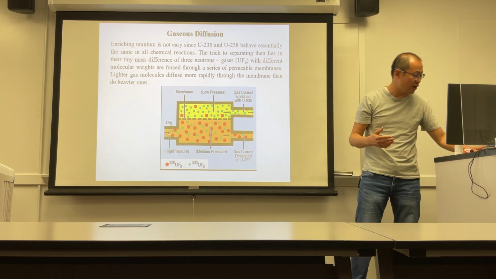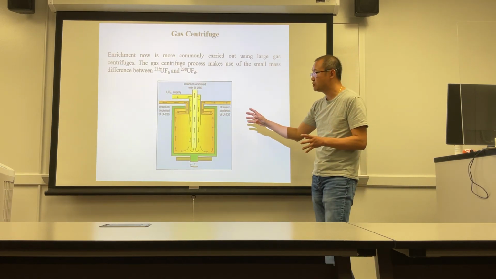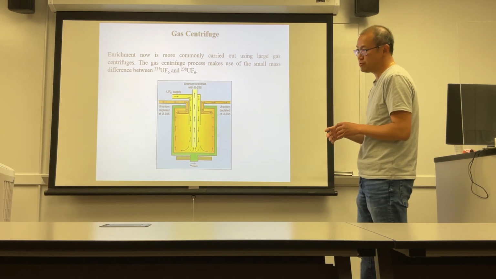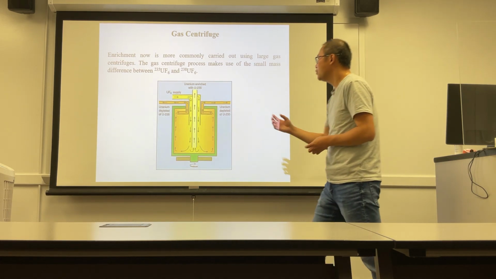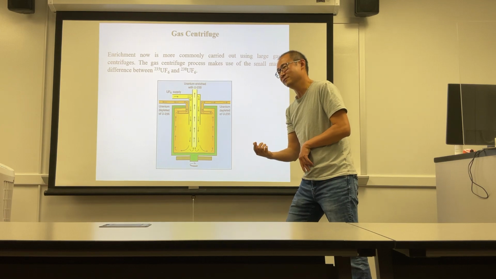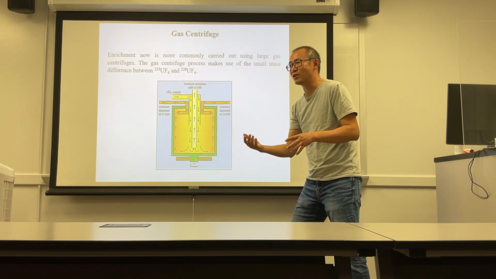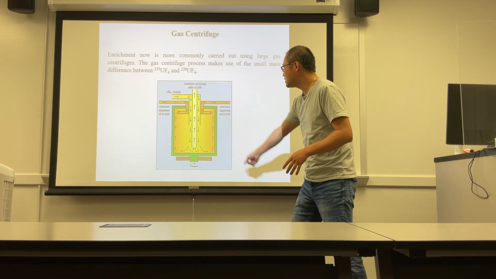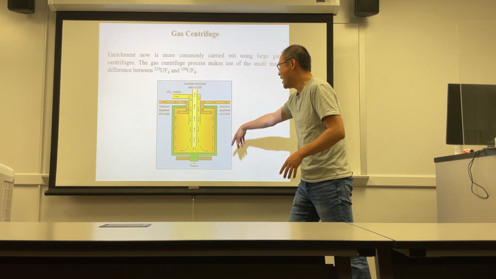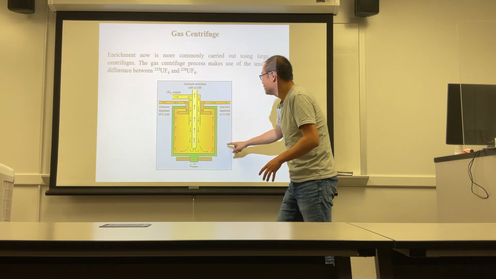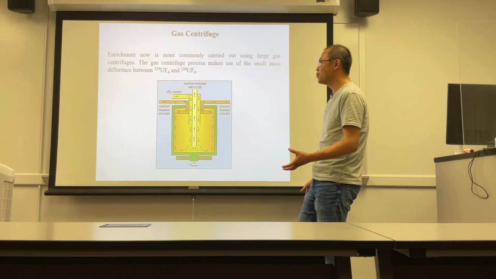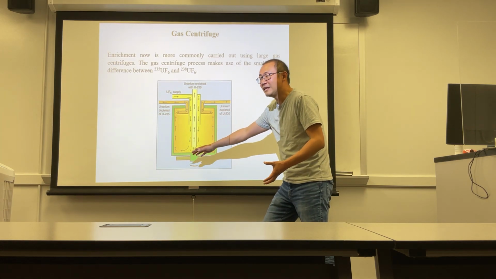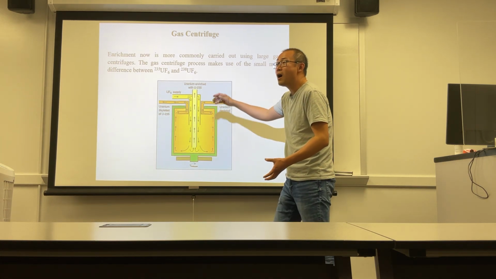Another technology, which I think is used more, is after you convert it into gas, you spin it like your washer, like a centrifuge. When you spin it, what happens? The heavier ones will be where? Down, right? The lighter ones will be where? Up.